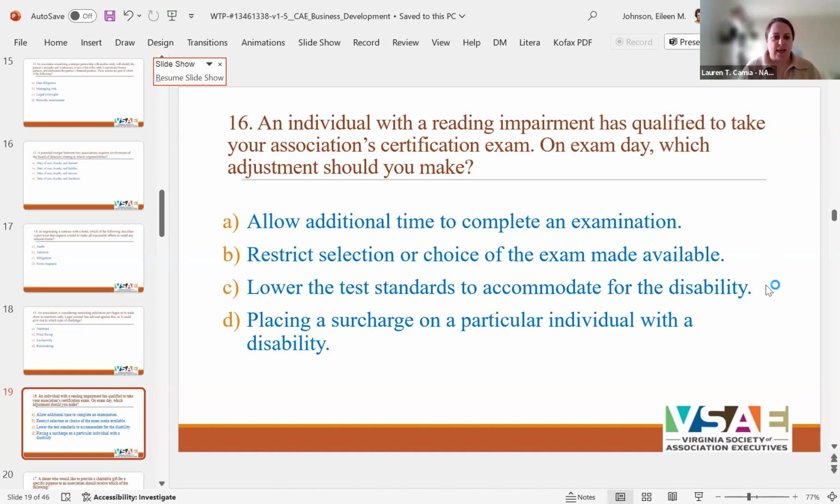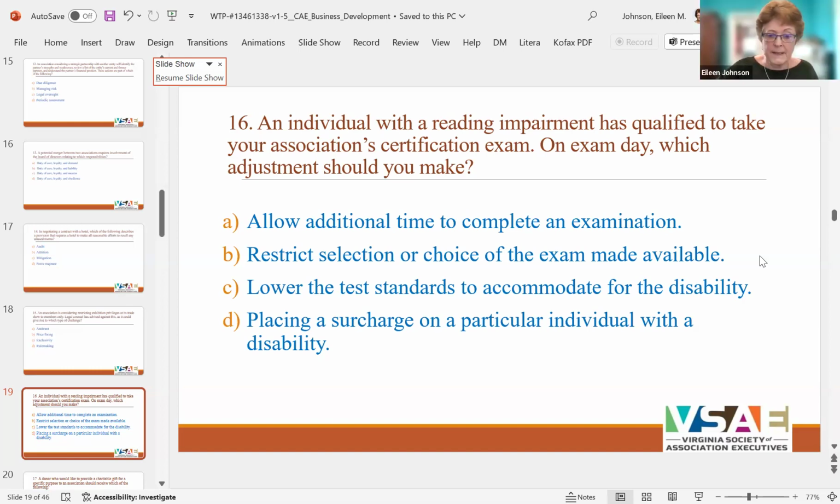C and D, I believe I can throw straight out, because you're not lowering your test standards, and you're not placing a surcharge on the particular individual. That would not be correct. I think the right answer to me is A, allow additional time to complete an examination.